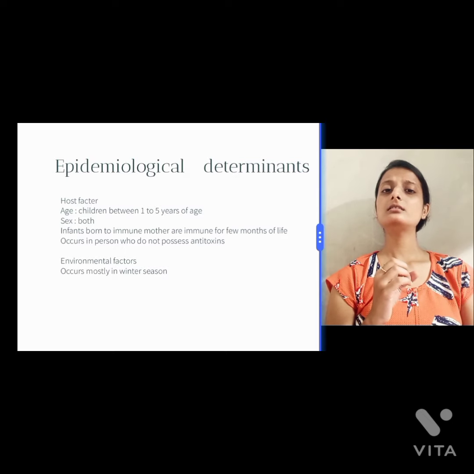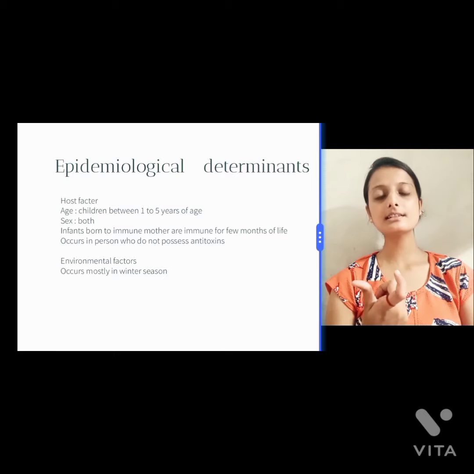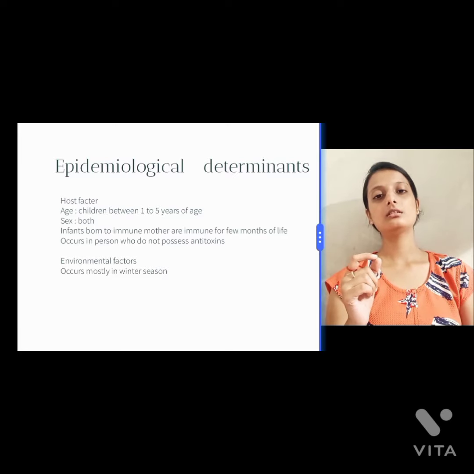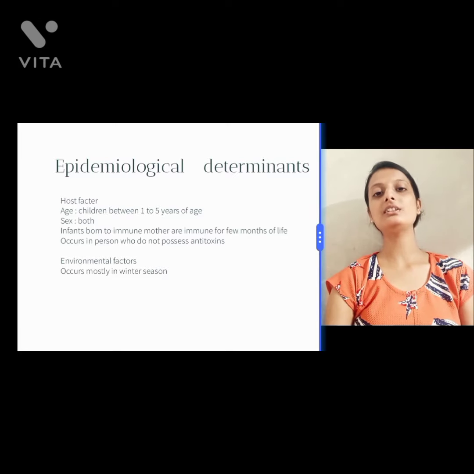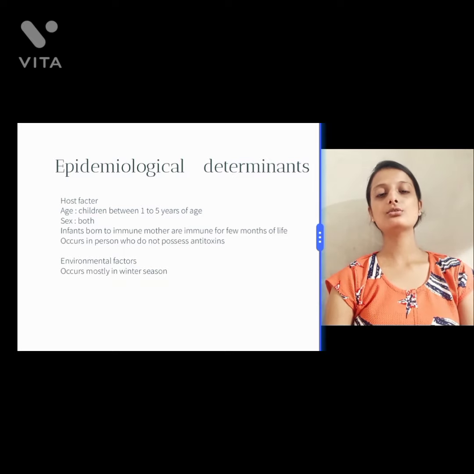This disease is likely to occur in children or persons who are not able to produce antitoxin against this bacteria, which releases the exotoxin. We need the antitoxin against this bacteria, so it affects only those children who cannot produce this antitoxin.